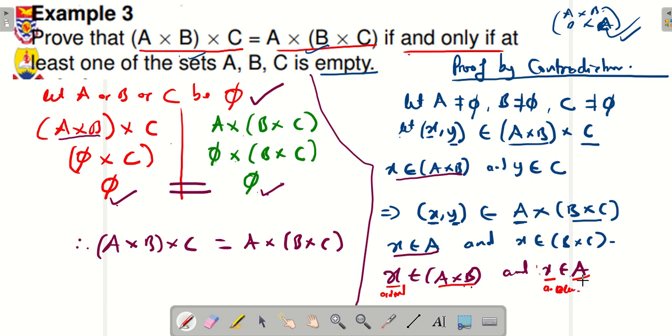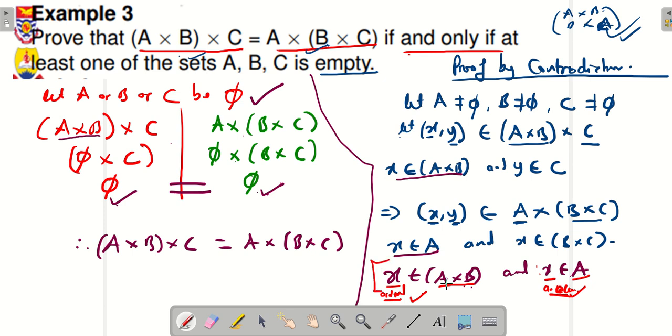This X belongs to set A, so it is just an element, but this X belongs to the cross product A cross B, so it is an ordered pair. How can an ordered pair be an element? This X is saying it is an ordered pair, and also saying it is an element. An ordered pair cannot be an element.